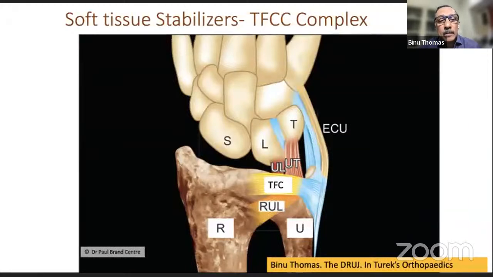Coming to the soft tissue stabilizers, this picture is taken from Turek, in which I wrote a chapter. The soft tissue stabilizers are the triangular fibrocartilage, the radioulnar ligaments, the ulnolunate and the ulnotriquetral ligaments, as you can see here, and the subsheath of the extensor carpi ulnaris and the ulnar collateral ligament.